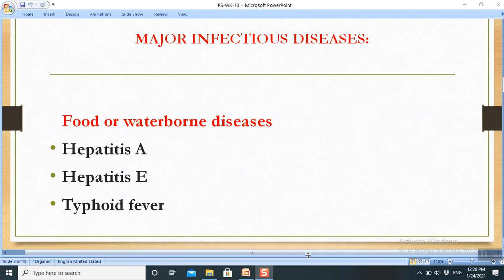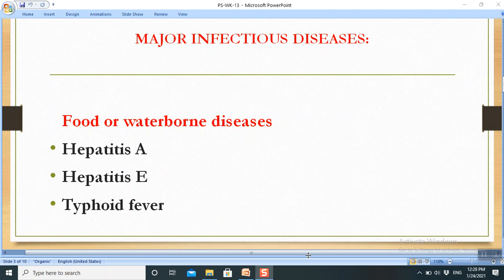Well, the common infectious diseases are born out of different sources. Some diseases are food or waterborne diseases, which are produced by food and water. Others are vector-borne diseases. These diseases are acquired through the bite of an infected arthropod.